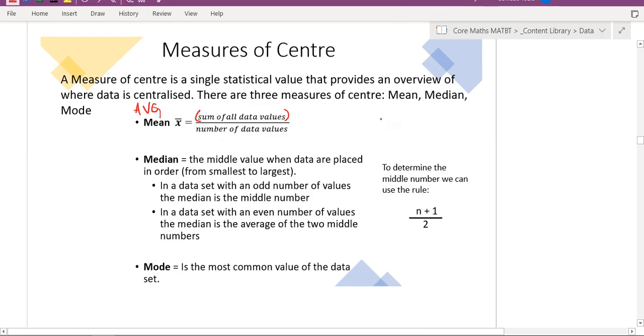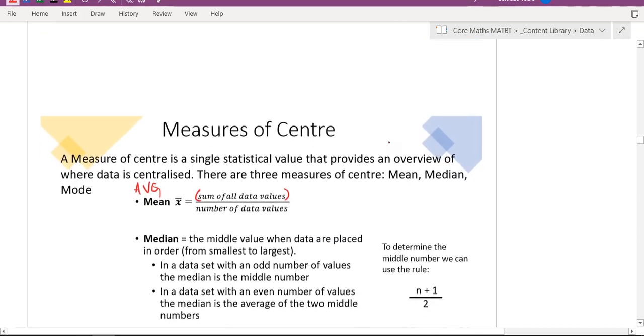Just make sure when you do this, I've seen some people do this, where say, for example, they've got a set of numbers and they're trying to find the mean. So they've gone 9 plus 2 plus 3 plus 5 plus 6, and then they divided by 5. Why is this wrong, guys?